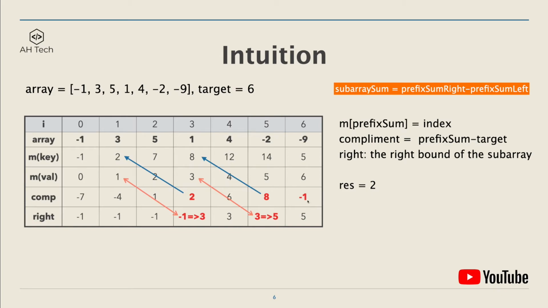So we won't add that into the result here. And because the question specifies that we have to get as many subarrays as possible, that is why we have to update the right bound every time we have found a subarray, to make each subarray as small as possible.